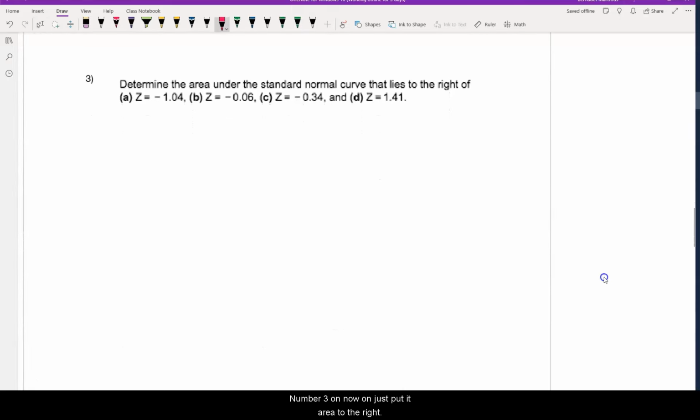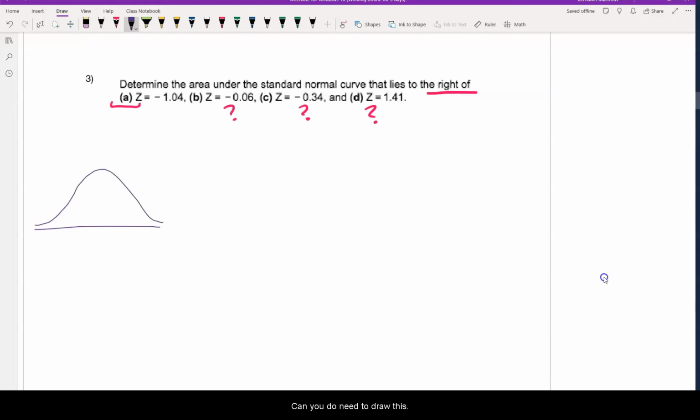Number 3, now on this part, it's area to the right. Again, I will work on one of these and you have to complete all of these. So part A. Again, you don't need to draw this.